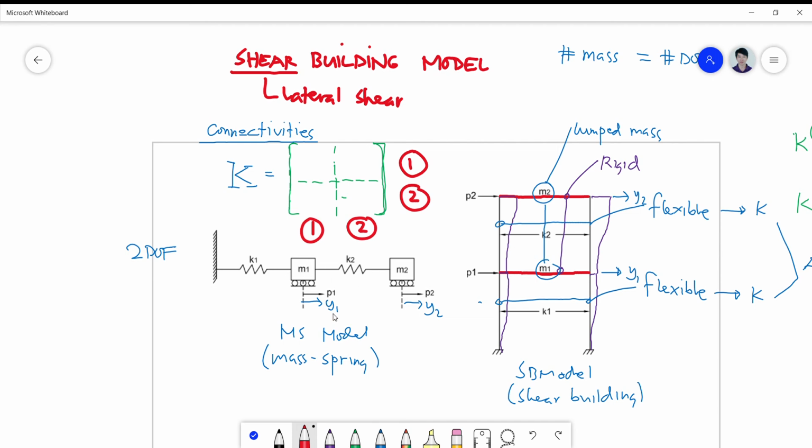That the connectivity of the y1 coordinate is defined on the basis of two springs. They are connected by two springs here, K1 and K2.